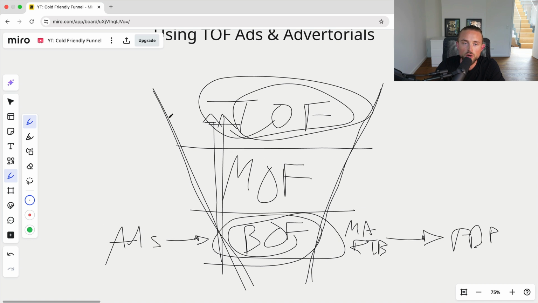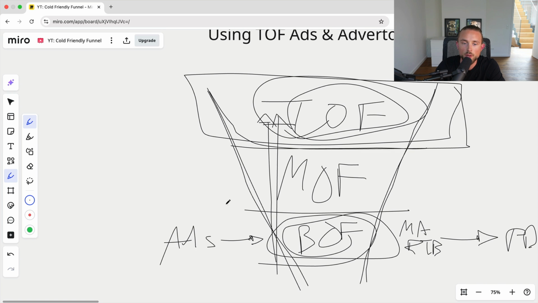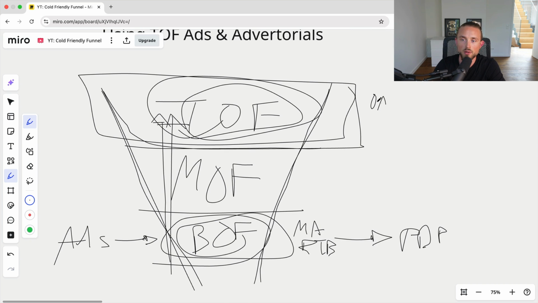The top of funnel audience is way bigger than the bottom of funnel audience, but it's also way more difficult to sell to, because they have zero awareness or just problem awareness. That's why it's so difficult, but that's also where the money is. That's where we have the biggest total addressable market.